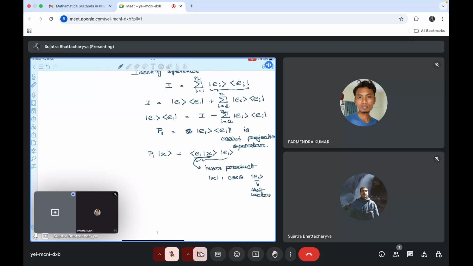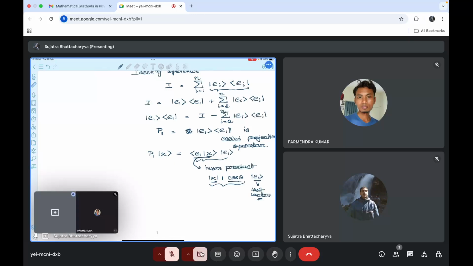This is the unit vector in the direction of E1. One is its magnitude, so I am just multiplying by one. The modulus of x is the magnitude of that arbitrary vector which is being projected on E1, and theta is the angle between them. This inner product represents this, and this E1 always remains, so this becomes the unit vector.